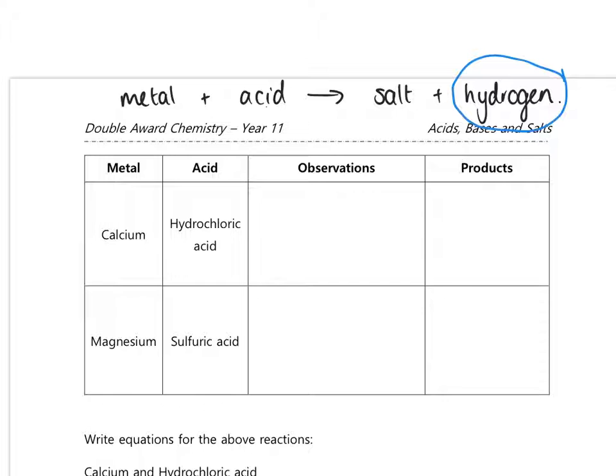Think to yourself, what form is hydrogen in? Well, it's a gas. And so if we've got a gas being formed in a solution of acid, then we're going to see bubbling happening because the gas is being released. So the first observation we're going to see here is that there's fizzing or bubbles of gas. You can refer to it either way.